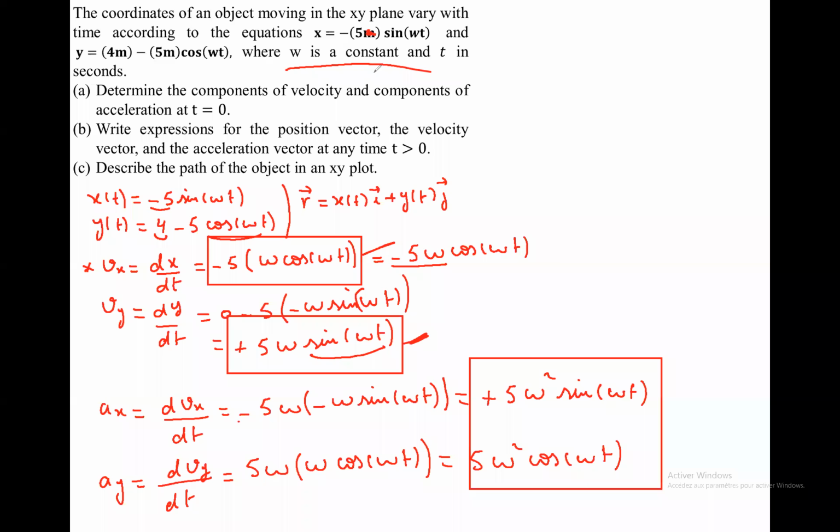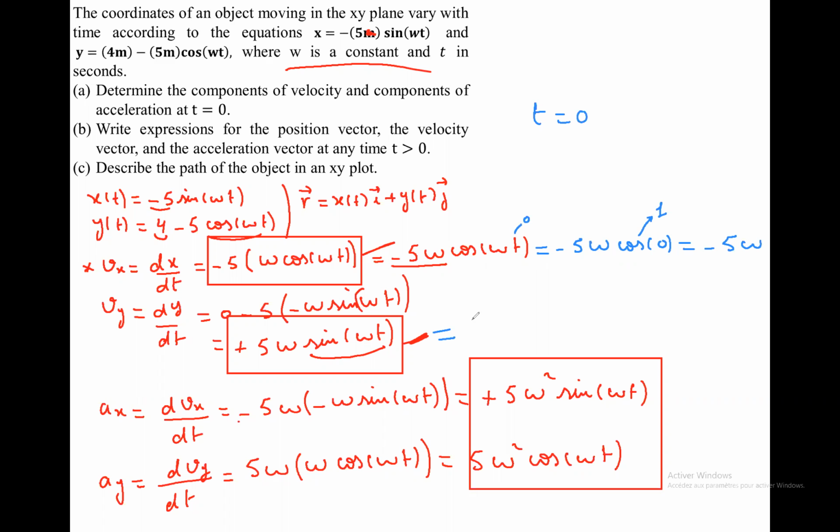Now I want to take a special case at t equal to 0. At t equal to 0, find all these components. We begin with Vx equal minus 5 omega cosine 0. We put here 0. Cosine 0 equal to 1, so equal minus 5 omega.